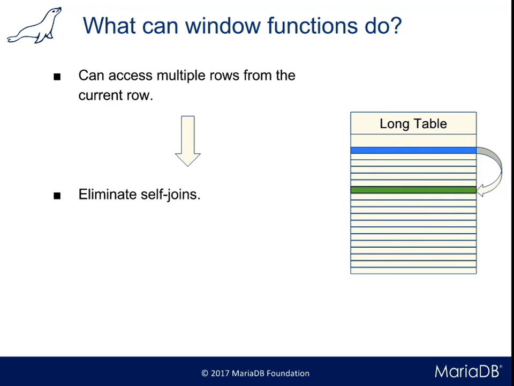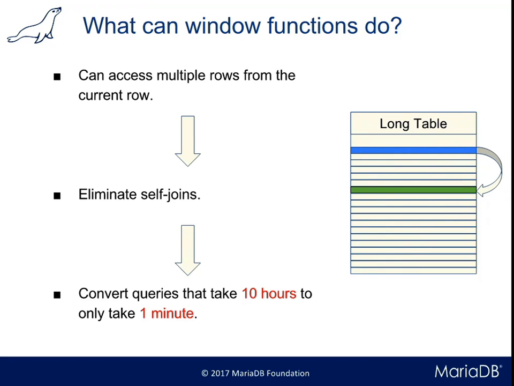So you join the table with itself and get the combinations to perform the computation afterwards. But since window functions allow you to do this, it can eliminate that expensive self-join, and you can get queries which take 10 hours or more and shrink that down to 1 minute. So this is what we're going for today, and I actually have an exact example that does just this.